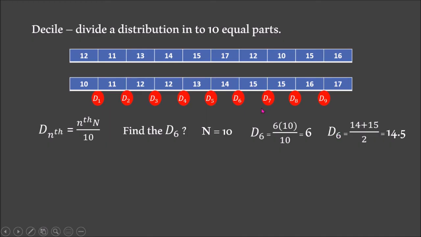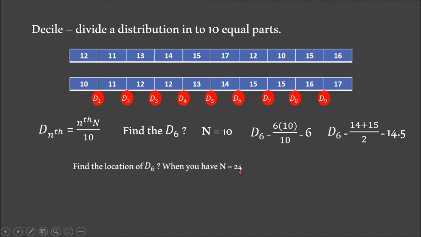After we identify the position of our value at 6, it is in between your 14 and 15 data. So we will just add them and divide by 2. That is, our D6 is equal to 14.5.